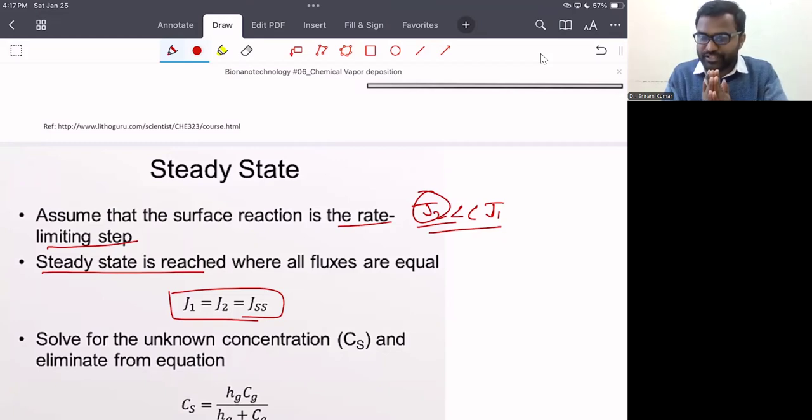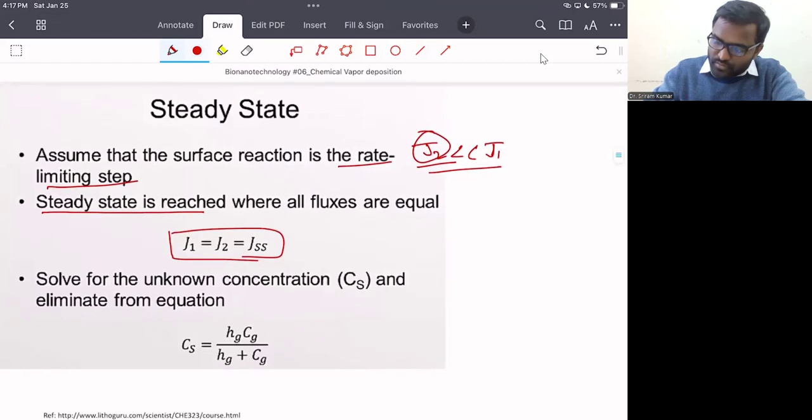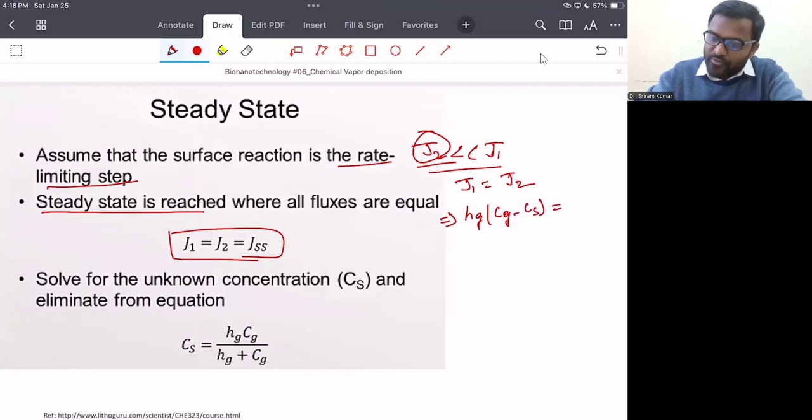And if we want to calculate the surface concentration based on the rate constant, from here we have J1 equal to J2. From J1 we have Hg times Cg minus Cs, right? And from J2 we have Ks times Cs.